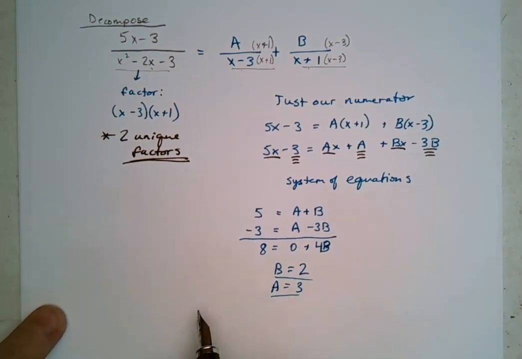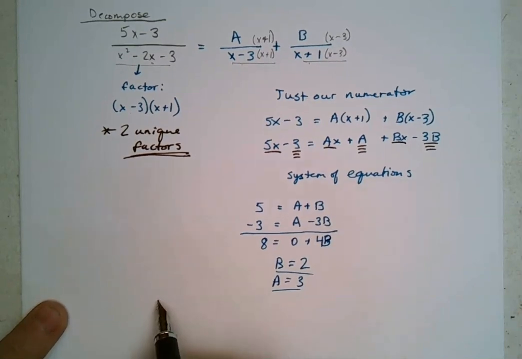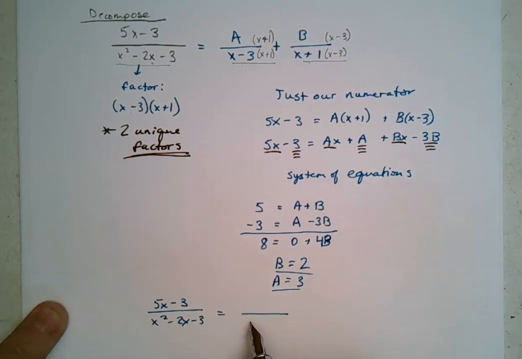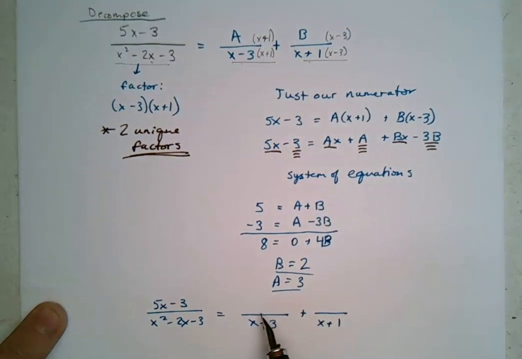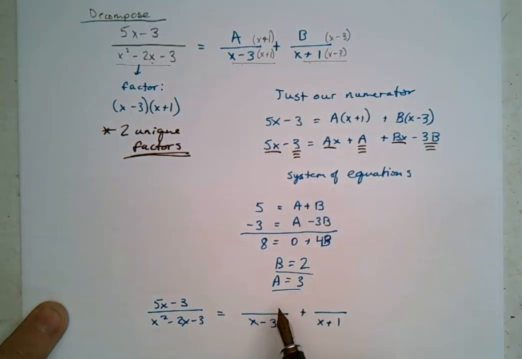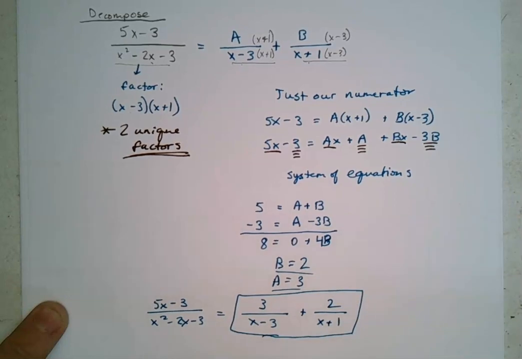My answer is 5x minus 3 over x squared minus 2x minus 3 equals, and I'm going to come back up here and rewrite everything that I wrote in blue, only where I have A, I'm going to put 3, and where I have B, I'm going to put 2. And that is my partial fraction decomposition for this fraction.